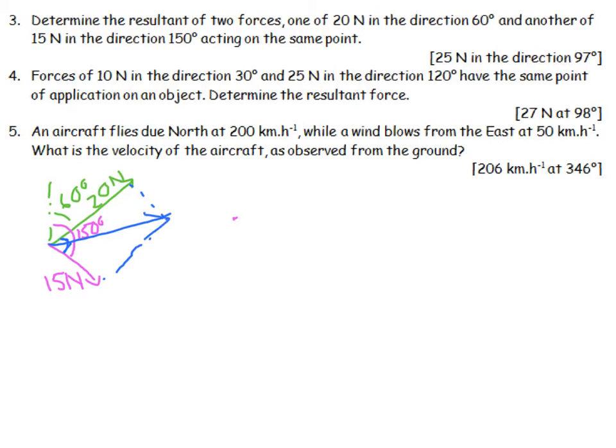Put the diagonal in. R squared is equal to 20 squared plus 15 squared. So R turns out to be 25 newtons.